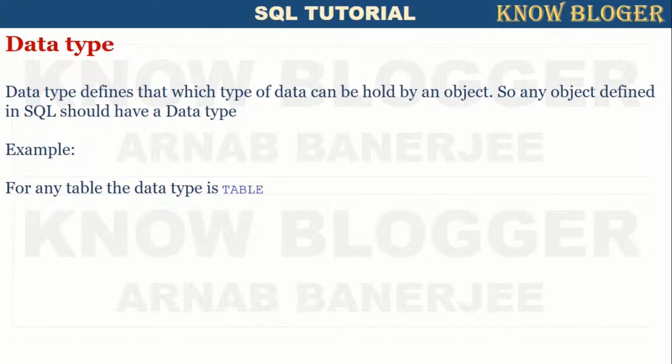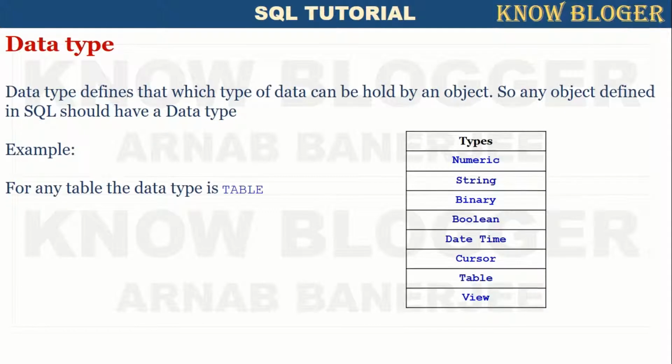Now data type. It's a very important and basic thing. Data type defines which type of data can be held by an object. So any object you define in SQL should have a data type. For example, for any table the data type is table. As we need to work with different types of values like numeric values, string values, binary, boolean, datetime, SQL maintains different data types.